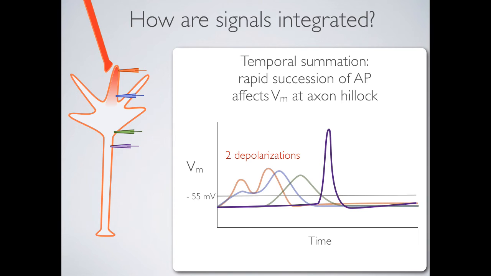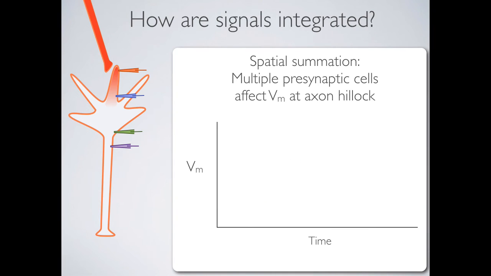Now, of course, we also have the possibility that it's not just one chemical synapse that's at work here, but we have multiple chemical synapses. And so that introduces the mechanism of spatial summation. So in addition to this temporal activation, we can have signals from multiple dendrites. So in this case on the left, we see two excitatory synapses simultaneously activating the cell.